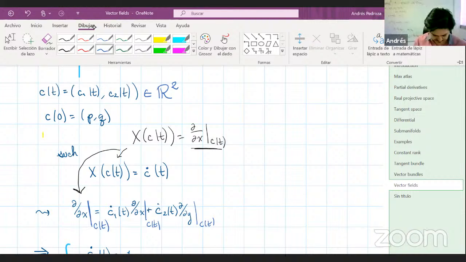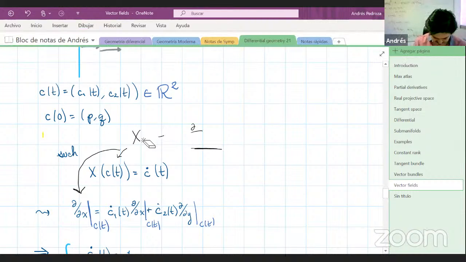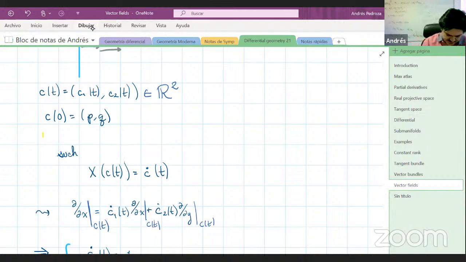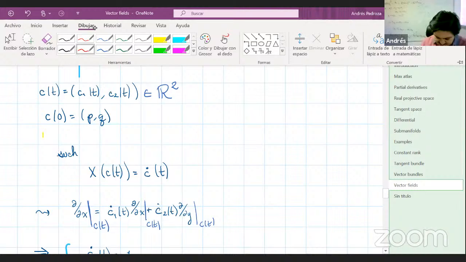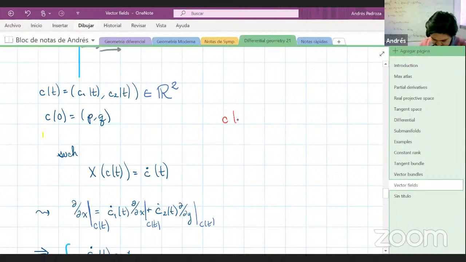Wait, let's see. For the right-hand side, this is a function from R to R2.